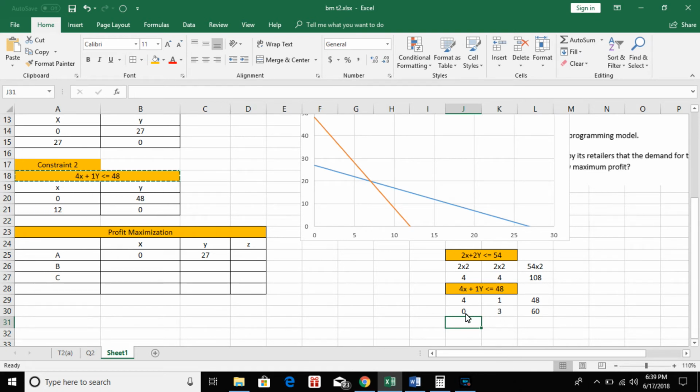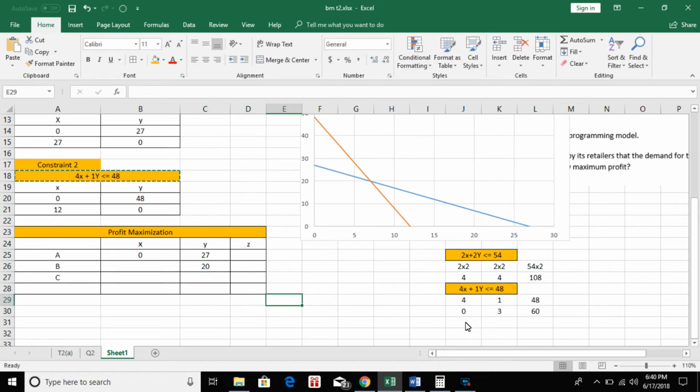So x is already 0, and in order to calculate y, we will divide 60 by 3. We will get the value for y, which is 20. 60 divided by 3 is equal to 20.